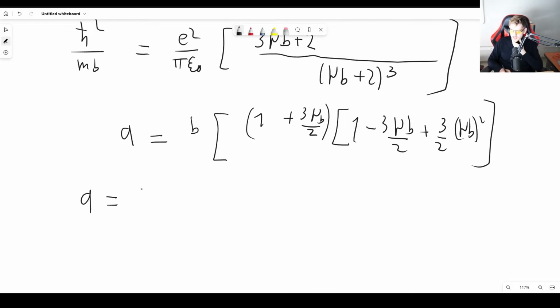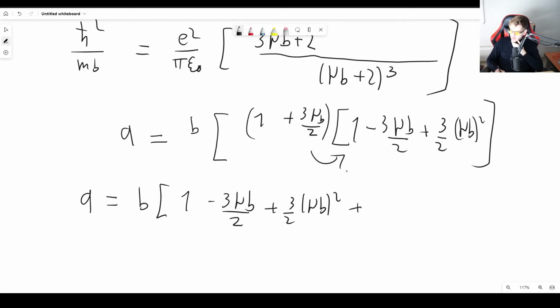So A is b times. Now let's multiply through. So we get 1 minus 3 mu b over 2 plus 3 halves of mu b squared. And then we start multiplying here. So 3 over 2 mu b, and then this one, so we get minus 9 over 4 mu b squared.